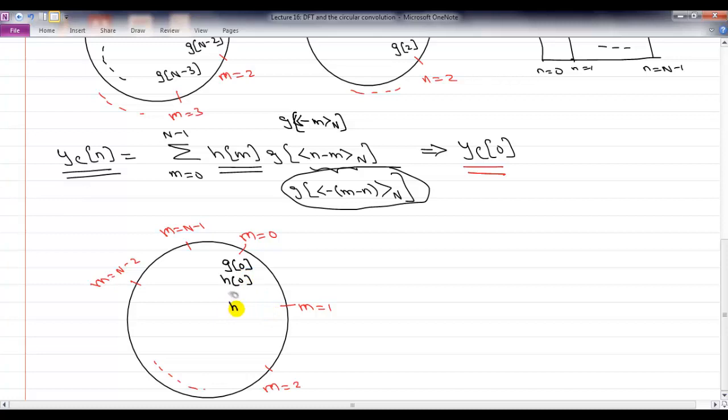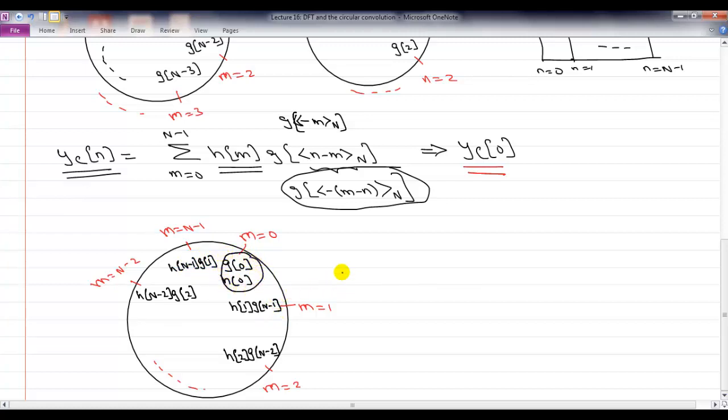At m equal to 1 we get h of 1, but now g of n minus 1, due to the fact that the first sample of my circularly flipped version is g of n minus 1. At m equal to 2 I get h2 g of n minus 2. Similarly, m equal to n minus 2 I get h of n minus 2 g2. m equal to n minus 1 I get h of n minus 1 g1.